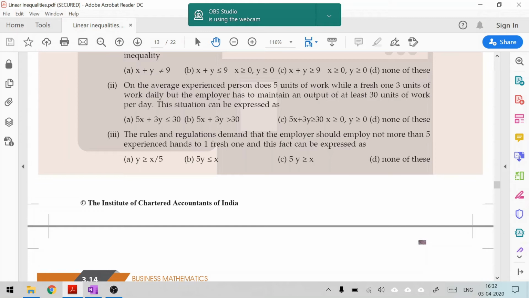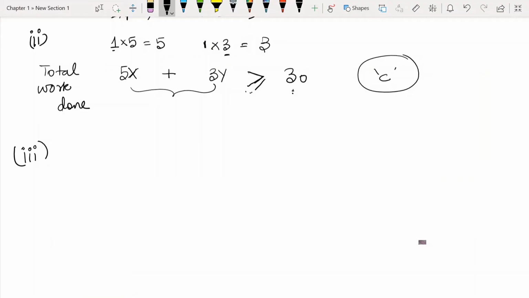So if I employ 1 fresh person, for every fresh person I recruit, for example, let me write it like this. I have the experienced people X, I have the fresh people Y. So if I employ 1 fresh person, what does the question say? Not more than 5. So I can employ 5 or 4 or 3 or 2 or 1.